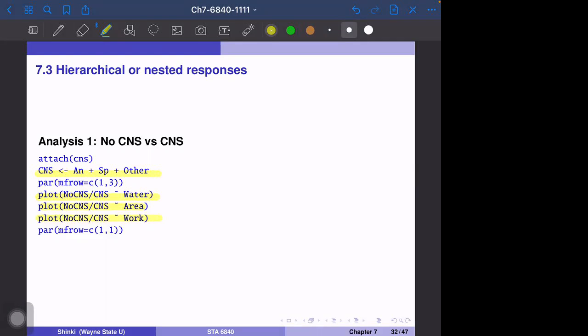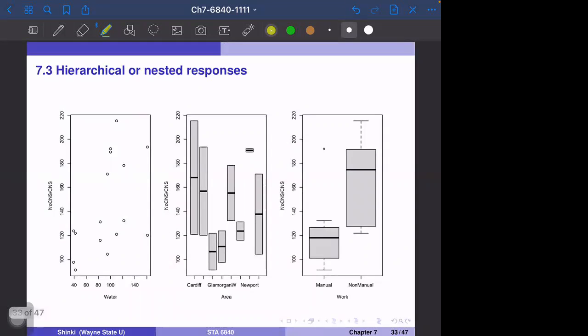So this is the logistic regression. We think about just the ratio of no CNS to CNS. After that, maybe we can take the logarithm, but we just make a plot of the ratio of no CNS to CNS against each of the predictors.